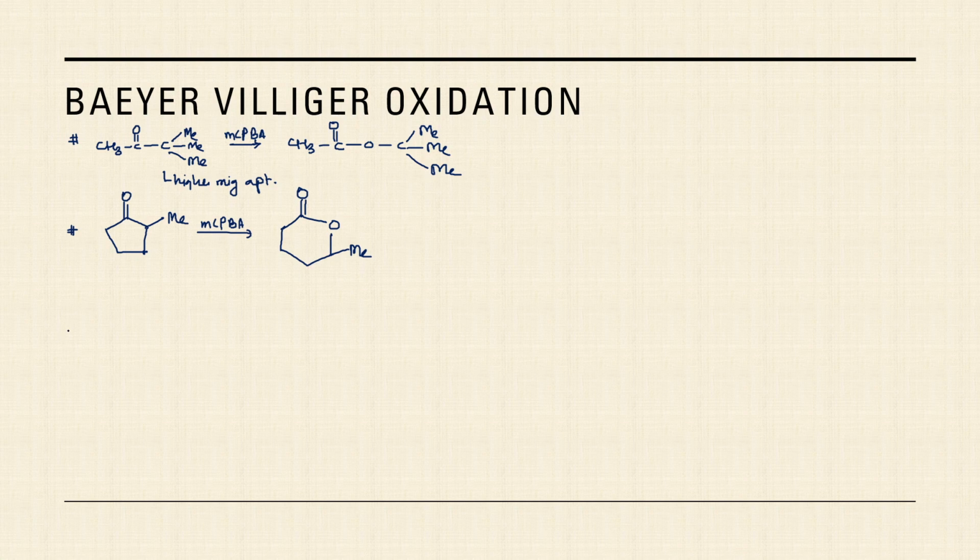Next, another important feature: if the alkyl group that is migrating is optically active, for example something like this, this will have higher migratory aptitude.